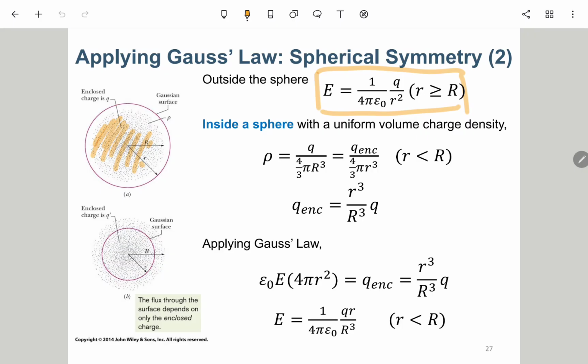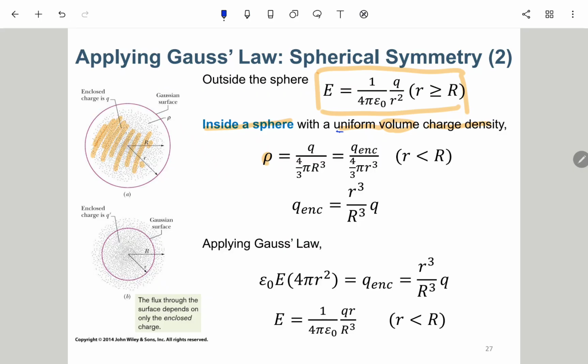But if it is inside the sphere, we need to calculate a bit. Here we have a uniform volume charge density, which is rho.